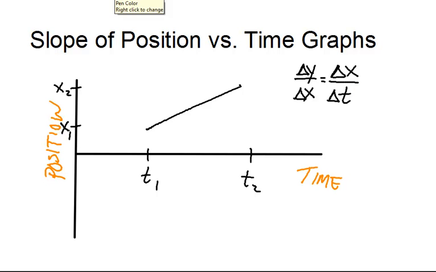Sure, we don't really use the delta in front of the t, but this gives us an equation for velocity. So anytime you take the slope of a position versus time graph, that gives you an object's velocity during that time period. It's very important to remember that.